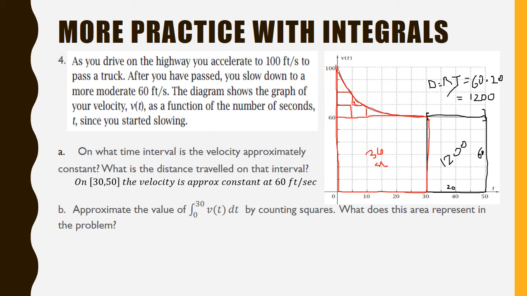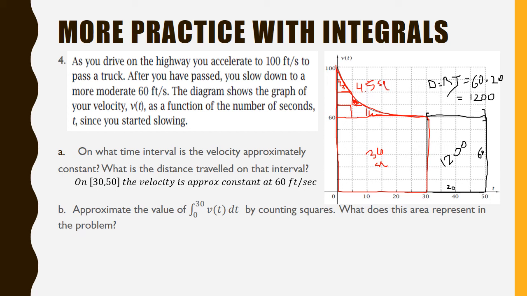Let's count it as 3 with that extra part in the middle. And then this here maybe looks like about 3/4, and maybe this is another 3/4. So I said here about 4.5 squares.